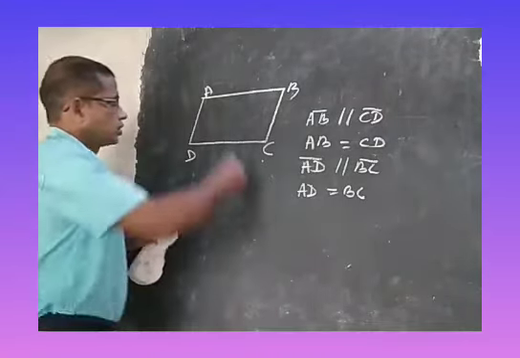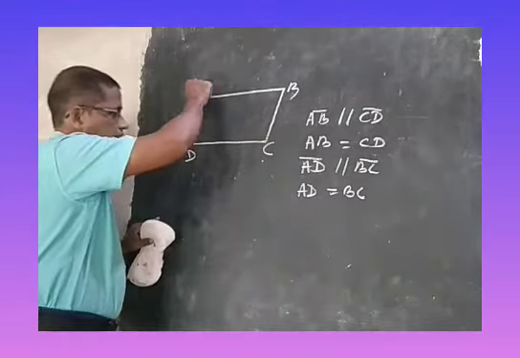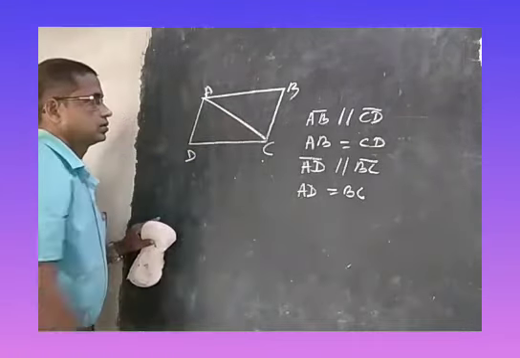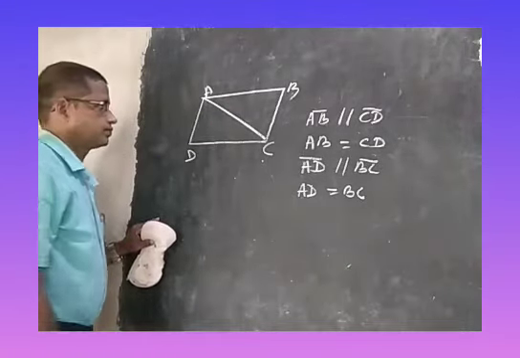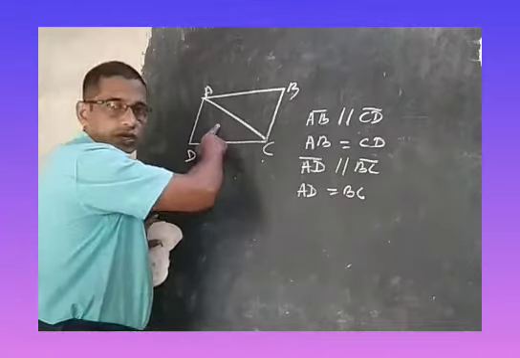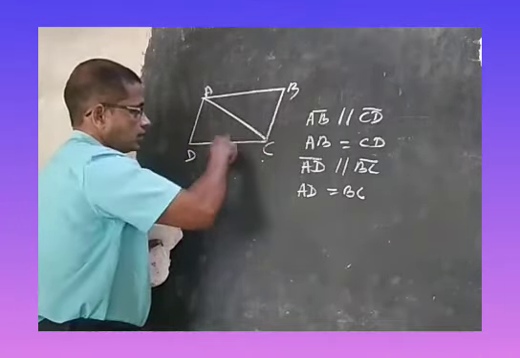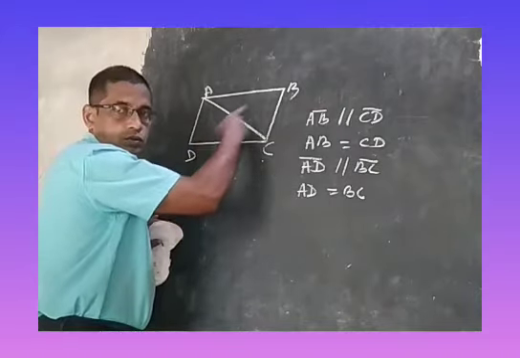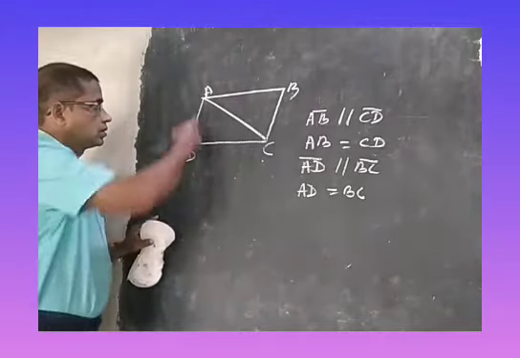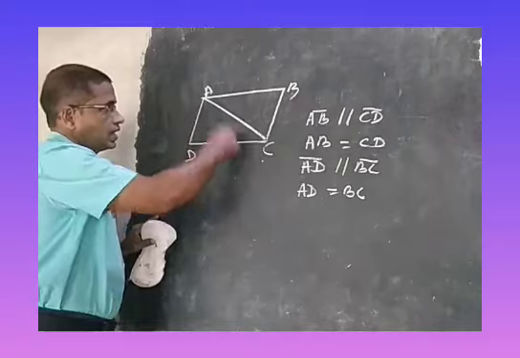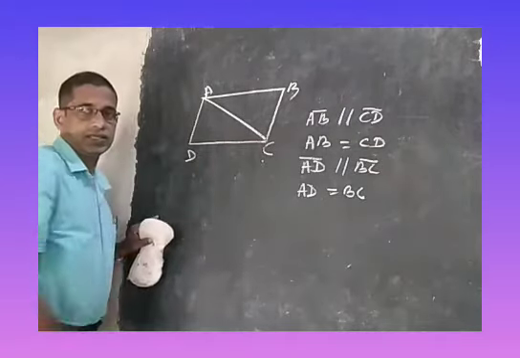Then, if we draw the AC diagonal, this parallelogram is divided into two triangles, ADC triangle and ABC triangle.